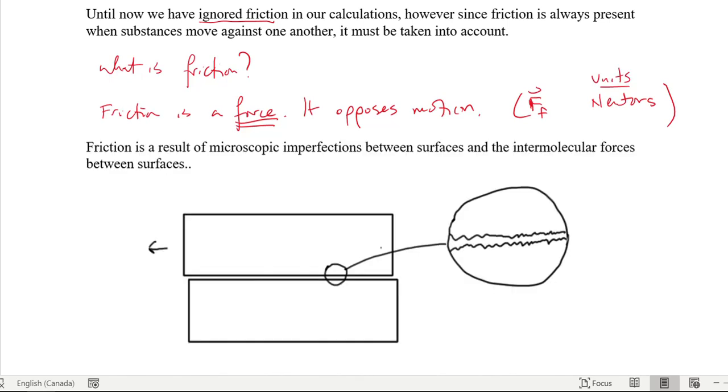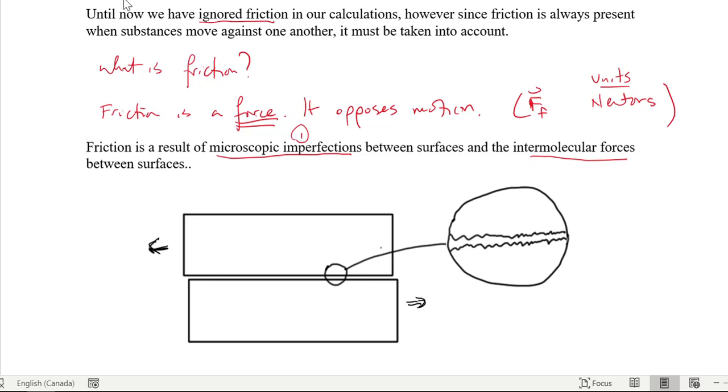So why is there friction? Well, you have friction because there are microscopic imperfections between surfaces, and also there are intermolecular forces between surfaces. Let's attack each one and see what it means. Let's start with microscopic imperfections. Imagine these two blocks sliding against each other, one going to the left, one going to the right.